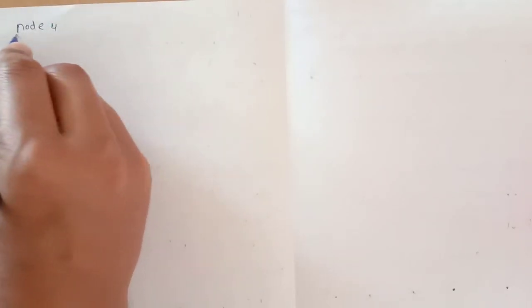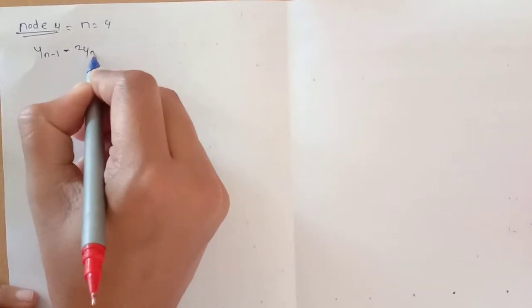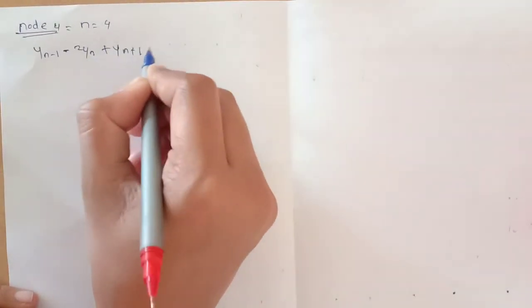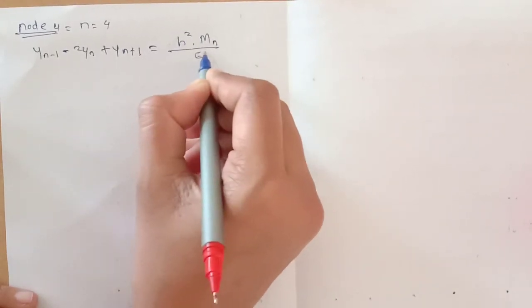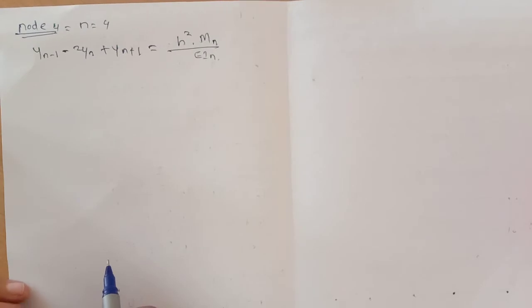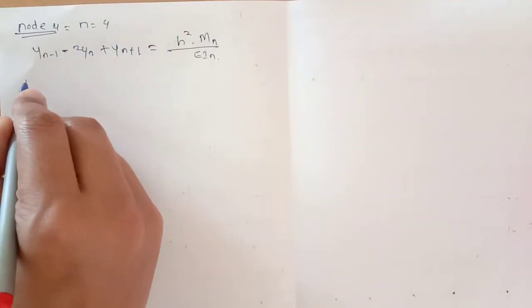Then next take fourth node point, that is n is equal to 4. So our equation is yn minus 1 minus 2y base to n plus yn plus 1 is equal to h square into mn divided by EI base to n. Okay, so here n is 4. So put this value in this equation.